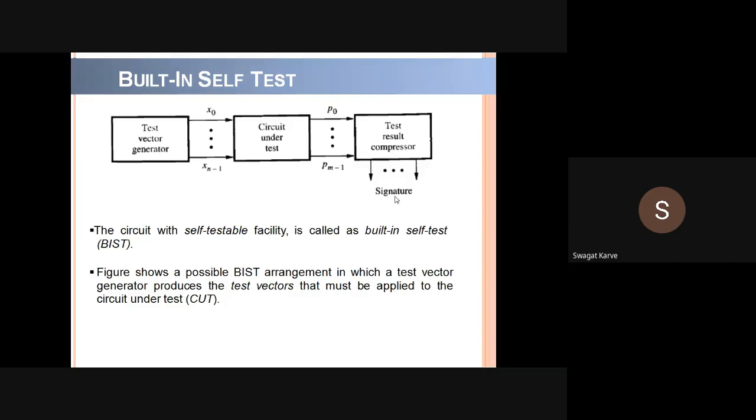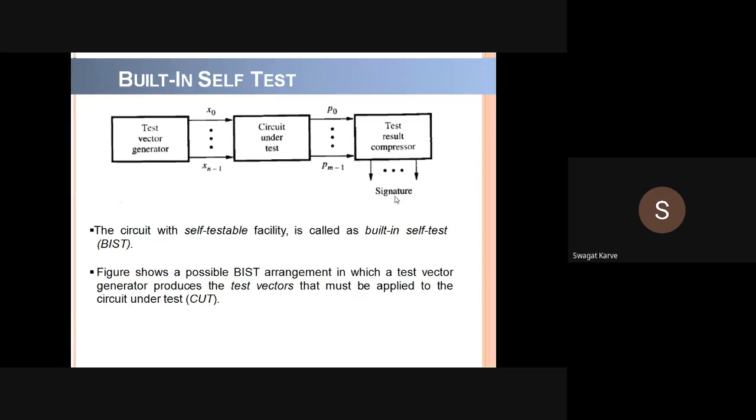Hardware overhead, right? Whenever you have to use scan path testing, you have to use additional hardware. Okay, so that is the drawback. हार्डवेअर ओव्हरहेड म्हणजे काय की एक्स्ट्रा हार्डवेअर तुम्हाला डिझाईन करावं लागतं. Though it has several advantages, okay, it gives the better result, right?